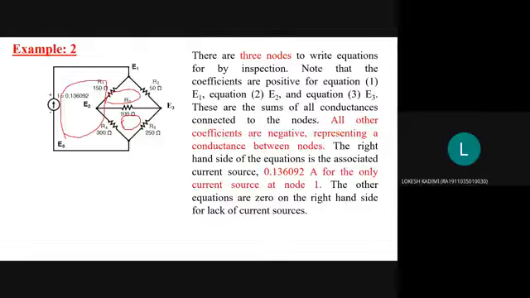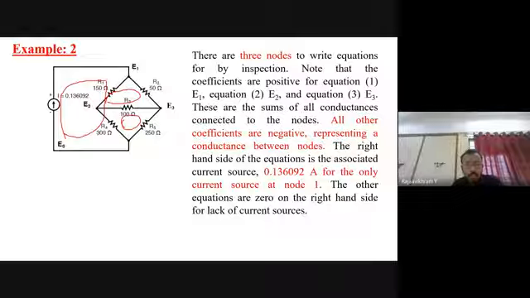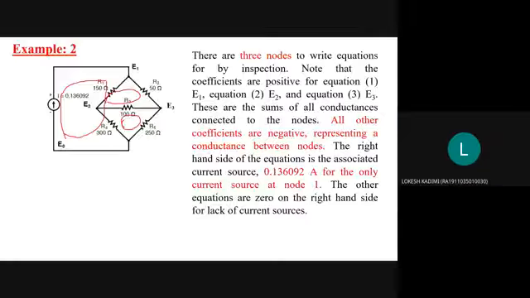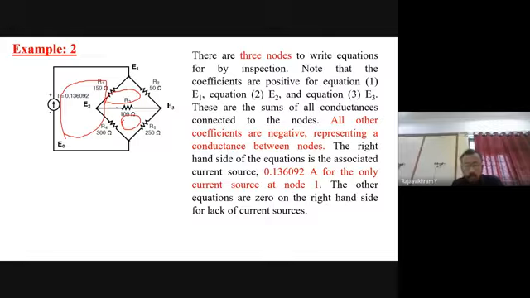G1 plus G2 is like R1 plus R2, because the two currents are dividing. Minus G1 into E2. I'll try to simplify this problem, because G is nothing but a conductance.